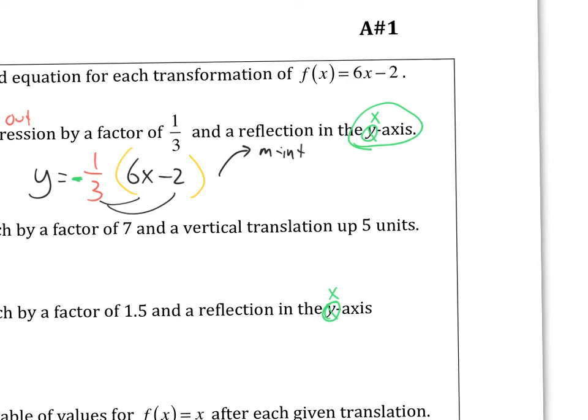So the final result would be this. y is negative 2x plus 2/3. And where did that come from? The negative times the positive, 1/3 of 6, gives you negative 2. And then negative times negative is positive, and 1/3 of 2 is 2/3.